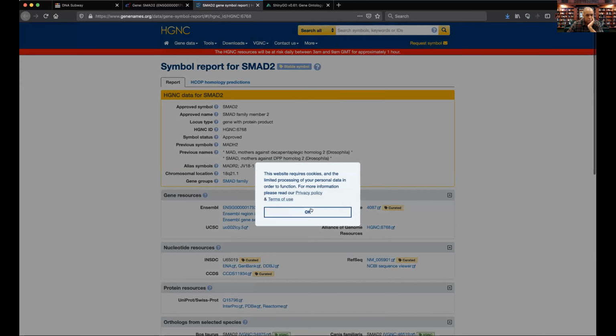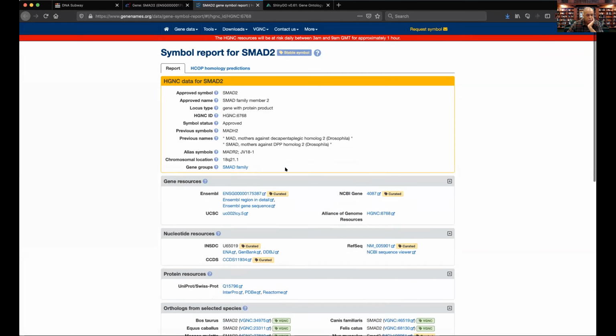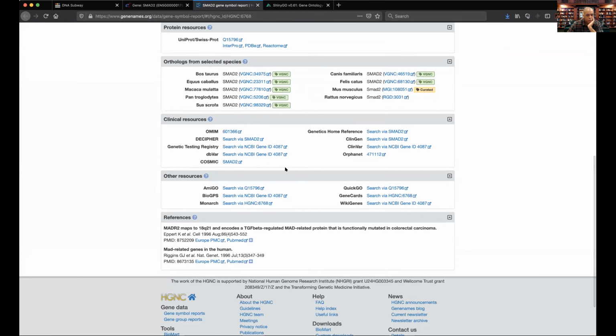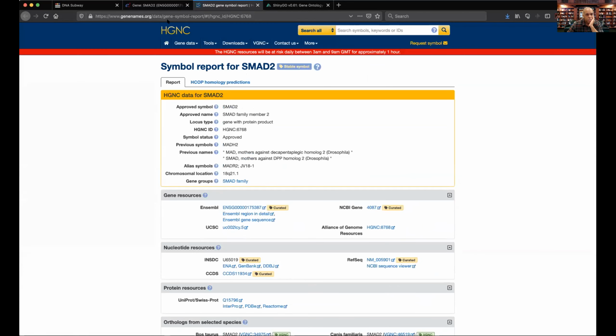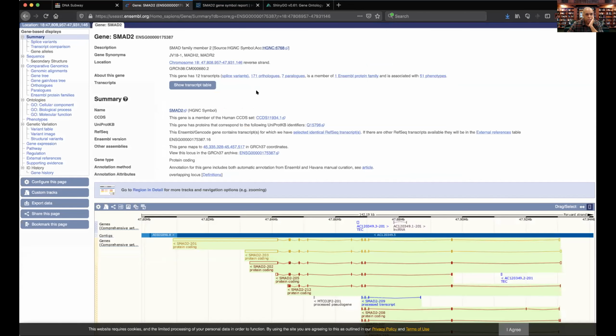So, SMAD gene family member, and you can go ahead and look and see a little bit about what this gene does or what's known about it. You could just go through and really pick out details, this happens to be on chromosome 18. So all of this data is here, and you can figure out a little bit more about any one of your transcripts.